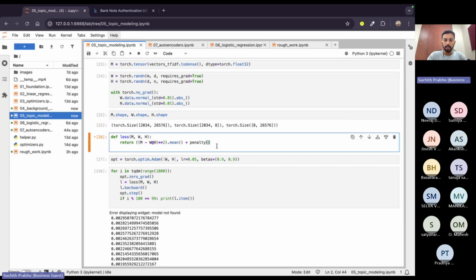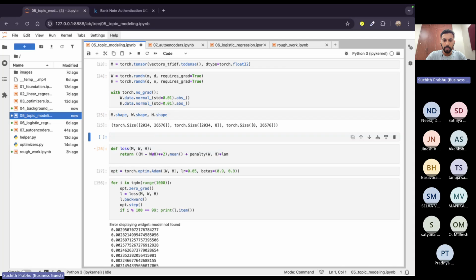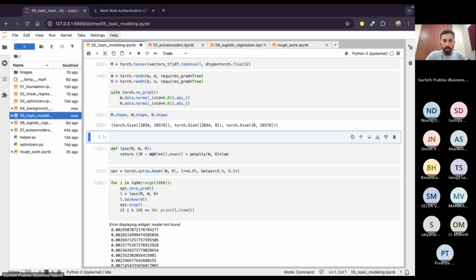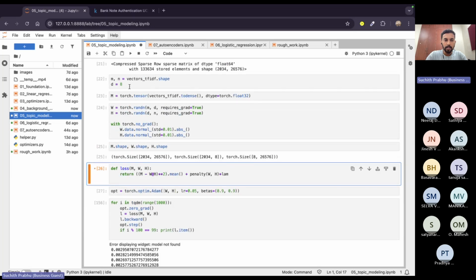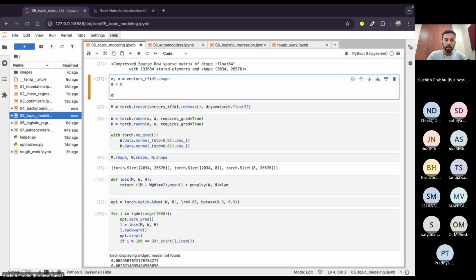So this penalty is on W and H, and lam, lambda, will be a hyperparameter. I'll initialize lam to be very high, 1.6.